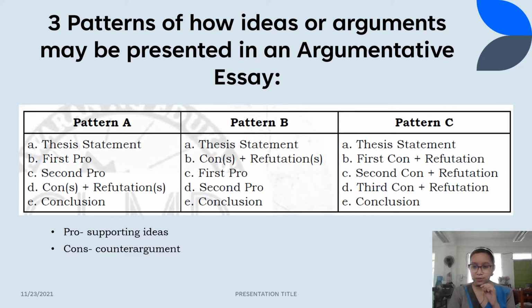So, yun yung counter-argument mo. So, halimbawa, kine-claim mo sa una na okay lang ang death penalty. Yung first pro at second pro, magbibigay ka ng dalawang supporting idea kung bakit sinusupport mo yung death penalty. Dito naman sa cons or refutations, dito ka naman magagawa ng bakit hindi dapat, bakit ipaglalaban mo ano yung mga disagreements, tungkol sa hanapan mo ng butas yung disagreement ng death penalty.